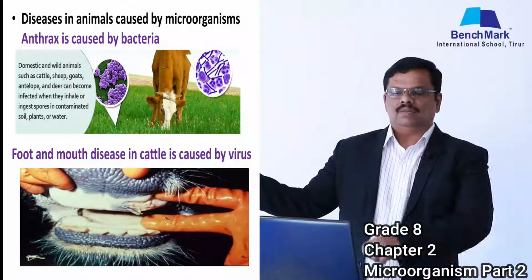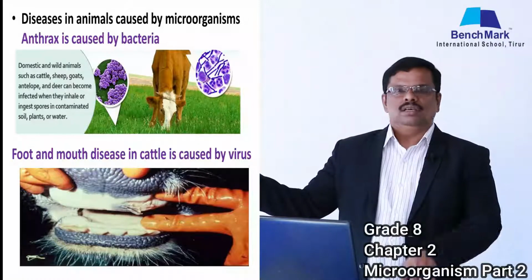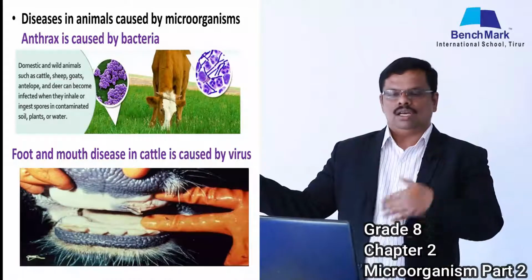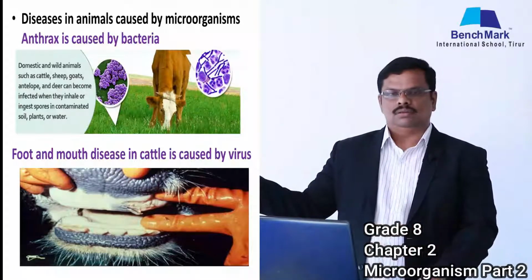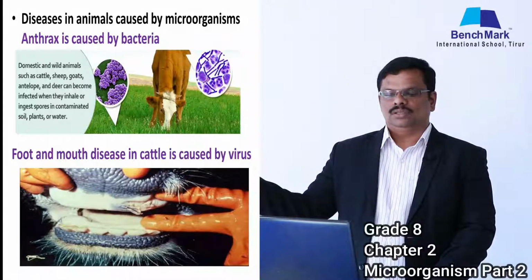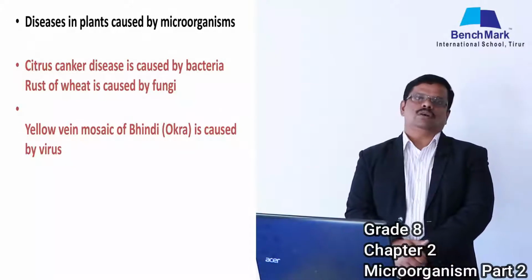Domestic and wild animals such as cattle, sheep, goats, antelope and deer easily become infected, right? They inhale or ingest spores contaminated by soil, plant, or water. See the foot and mouth disease of cattle. It is caused by a virus. See this?